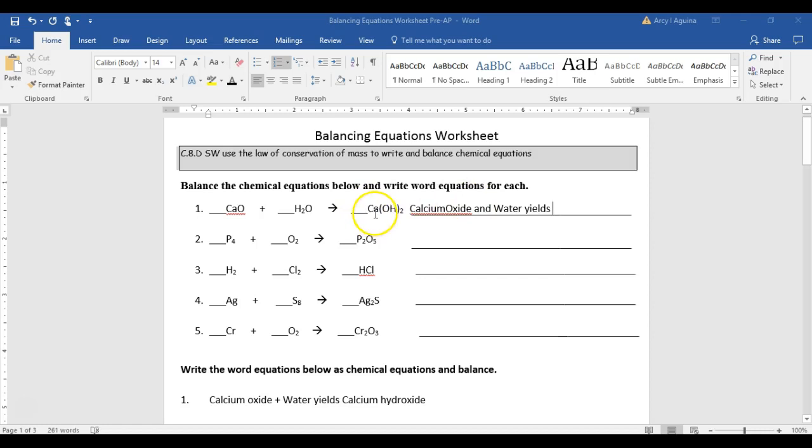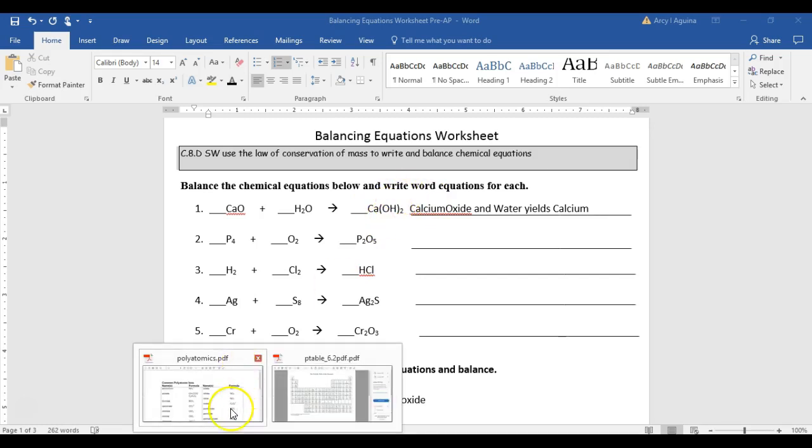And then this one I see is a ternary compound, so it's going to be an element and then a polyatomic. The rule for ternary compounds is you just name the two of them. So the first one is calcium. And if you don't recognize the polyatomic, you might want to look on your polyatomic list.